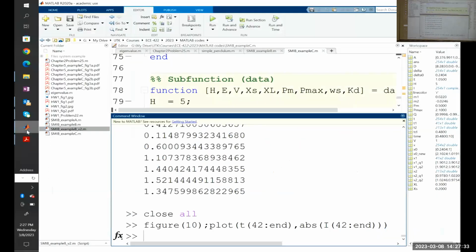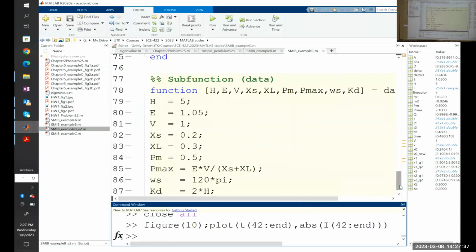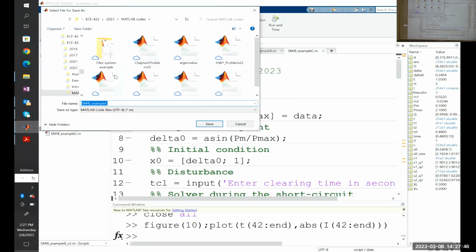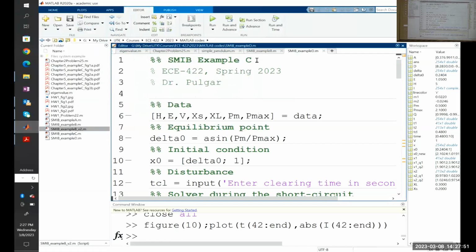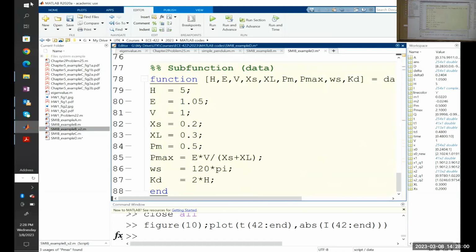And let's work on the code now. I'm going to save this with a different name. This is going to be example D. The data is a little bit different, so we will change that. Everything is the same, but XL is 0.6 now.